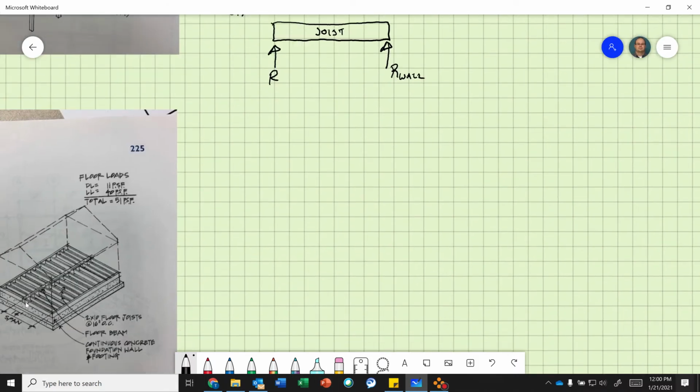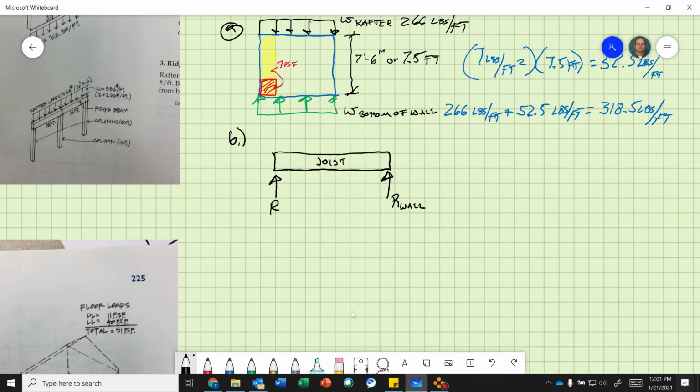One end of the joist is supported by the floor beam, one end of the joist is supported by the foundation wall. Okay, so this helps you stay oriented. So I'm going to say floor beam.